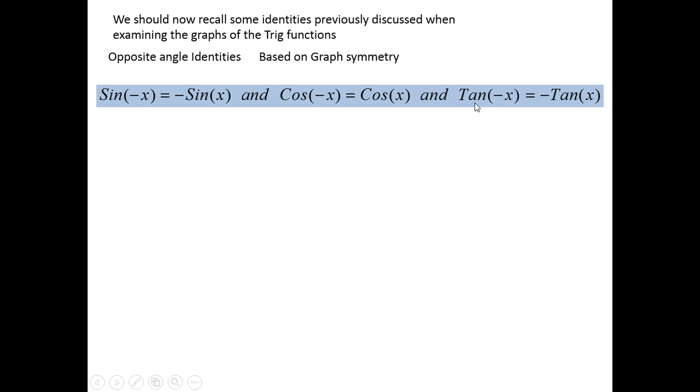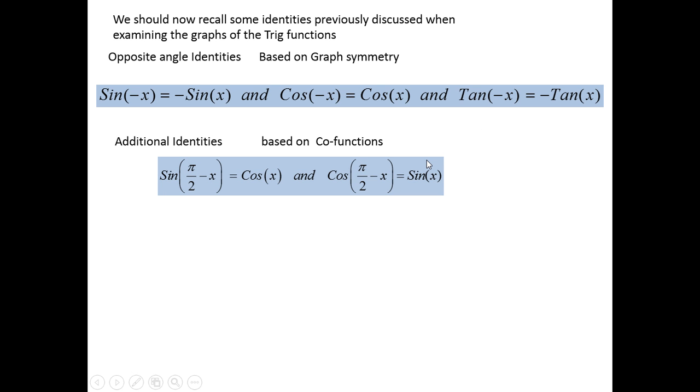Now the tangent. We haven't discussed tangent a whole lot, but it naturally follows from this. Since tangent is the sine over cosine, work it out for yourself to show that the tangent of the negative angle is the sine of negative x over the cosine of negative x, which becomes the negative sine of x over the cosine of x, which collapses to the negative tan of x.